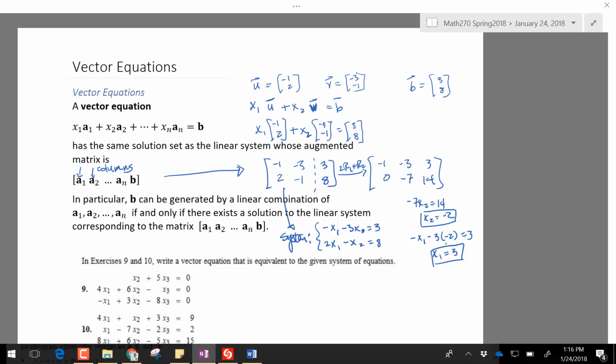But in any case, if we had this vector equation that we're trying to solve for and say this is u and v, these are known vectors, and we want that to equal 3, 8. What should I scale the first one by? What should I scale the second one by so that we can have this vector equation be true? We can transform that into our augmented matrix and solve. Okay, which, by the way, we also solve that system.